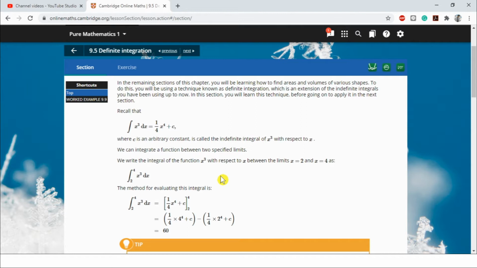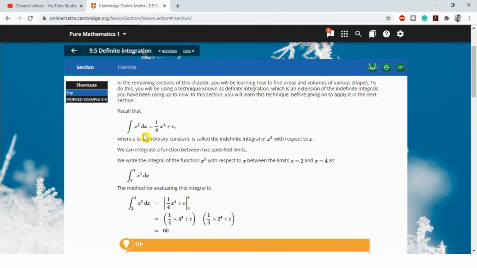So let me first give you this. Suppose we have this indefinite integration, right? The integration of x cubed. As you know, the basic formula of integration is x to the n plus 1 over n plus 1, right?